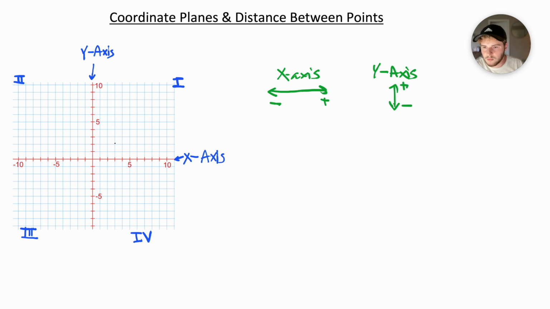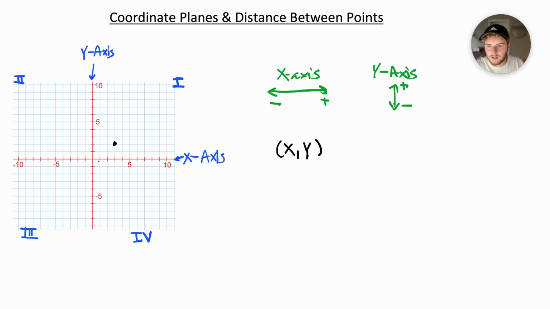So let's say we placed a point right here. If you don't have any experience with one of these coordinate planes, it might be slightly confusing, but let's look over here. This is the way that we describe points on a coordinate plane. We'll put them in parentheses with a comma separating the values, and we'll say x and y. Now you can look back on here, and we talked about how to count these points.